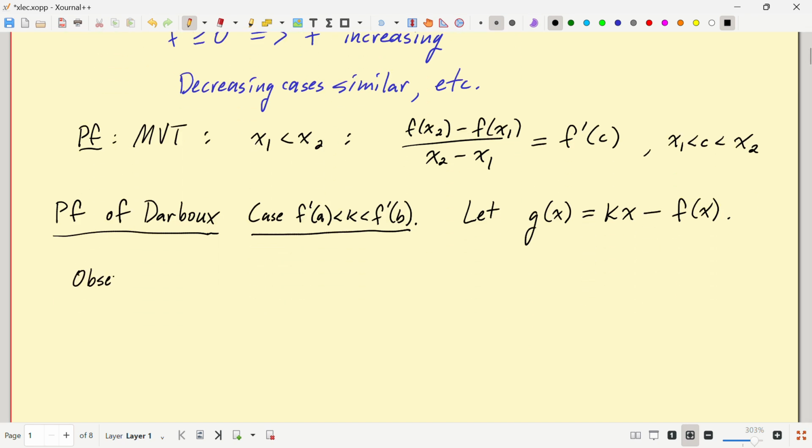And here's the thing to observe. g prime at A is equal to k minus f prime of A, and that's strictly positive. And that means g is increasing near there.